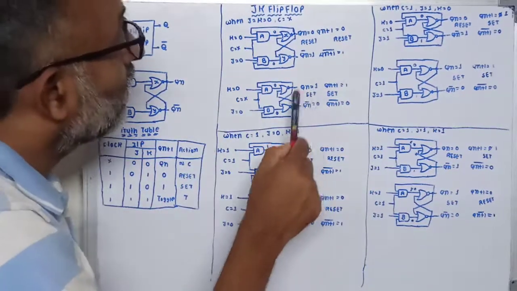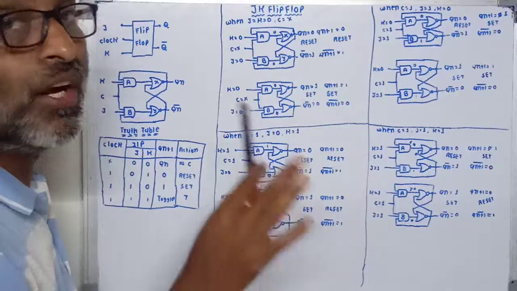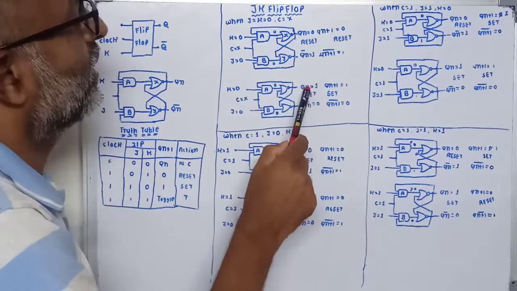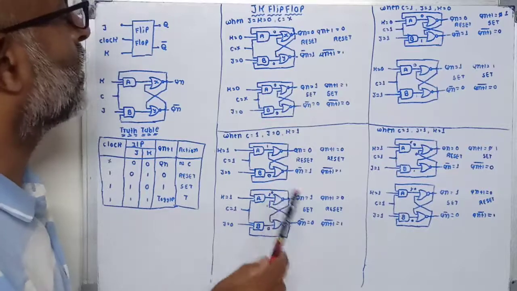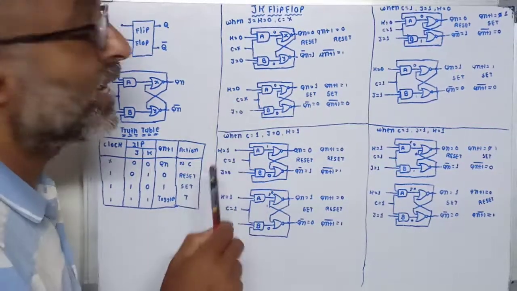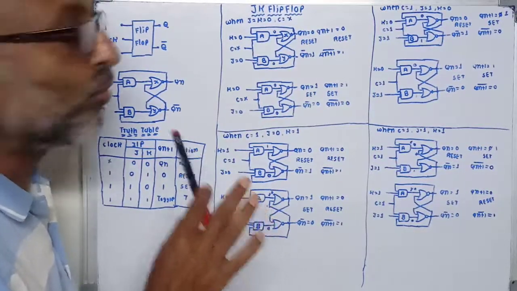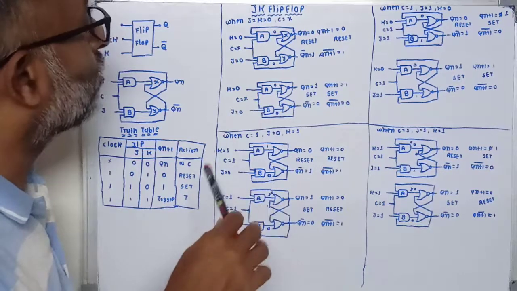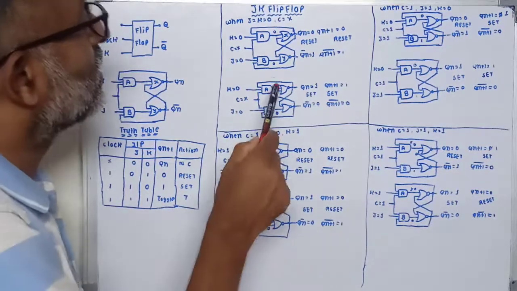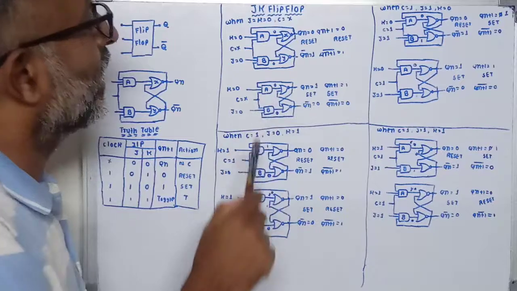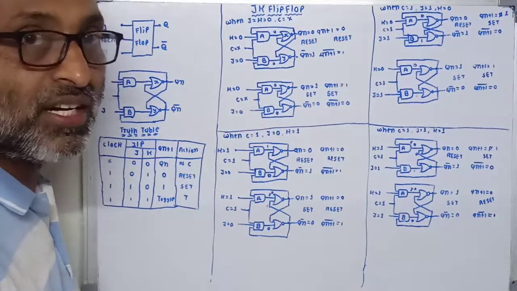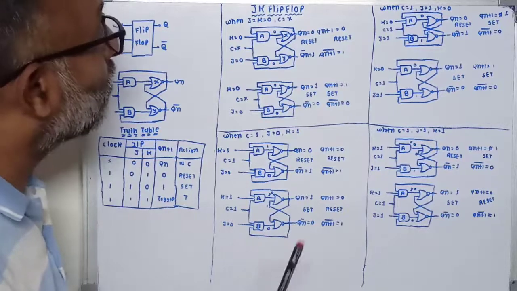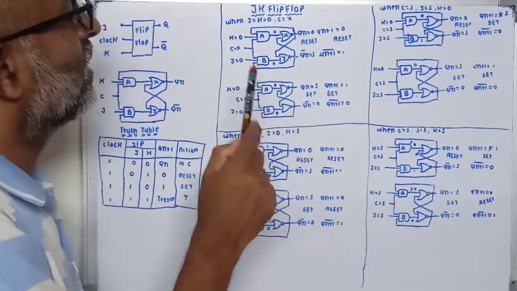Now let us consider initially our flip-flop is in set condition. That means Qn is equal to 1 and Qn bar is equal to 0. And when we apply 0 to both J and K, similarly the AND gates A and B are both disabled and their output is 0.